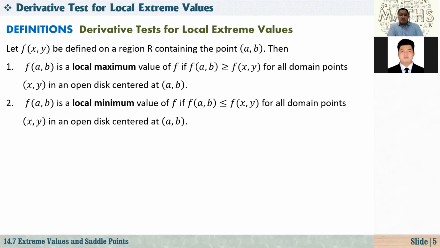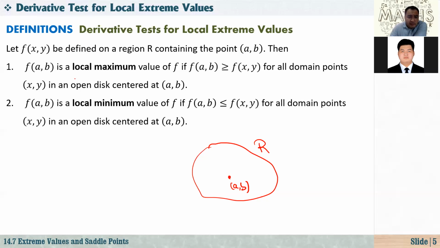So now let's start with the definitions. The definitions are very similar to the definitions of local maximum and local minimum. Let f(x, y) be defined on a region R containing the point (a, b). Let's say this is our region R, and here we have a given point (a, b). Then f(a, b) is a local maximum value of f if f(a, b) is greater than or equal to f(x, y) for all domain points (x, y) in an open disk centered at (a, b).